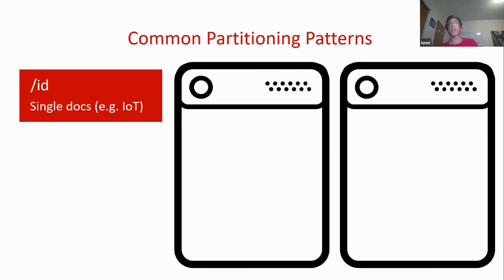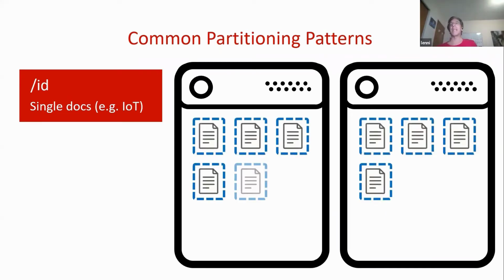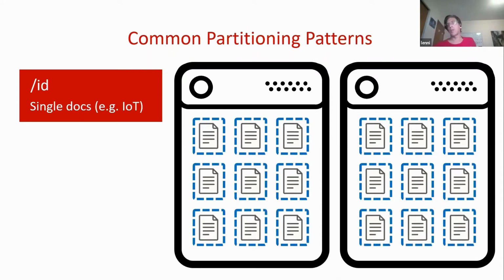But if you actually choose the ID property itself as the partition key, which might seem an odd thing to do, you wind up with exactly one document per logical partition. You will never get more than one document in a logical partition. And that doesn't seem very efficient, certainly from a querying perspective.